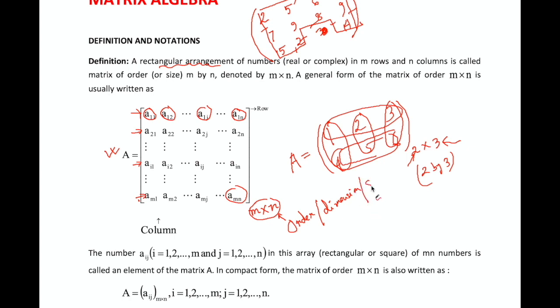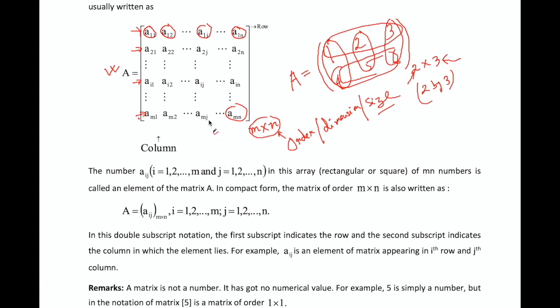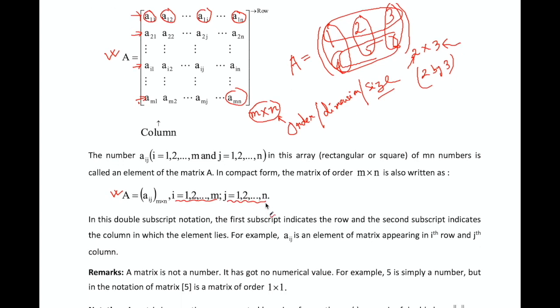So the order of this matrix is m by n, or the dimension of this matrix is m by n, or the size of this matrix is m by n. This matrix we can also write simply in this way: A equals a_ij, where m by n indicates i is from 1 to m and j is from 1 to n.